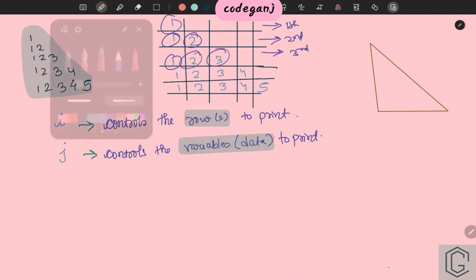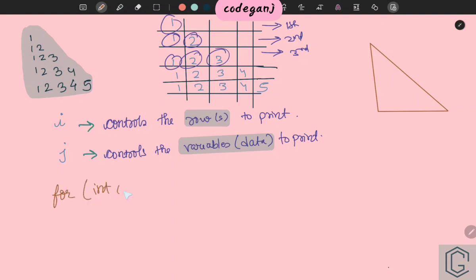Cool. Let us start. So, for int i equals, i less than equals to, and i will do something. For int j equals, j less than equals to, and j will do something, and this will happen.